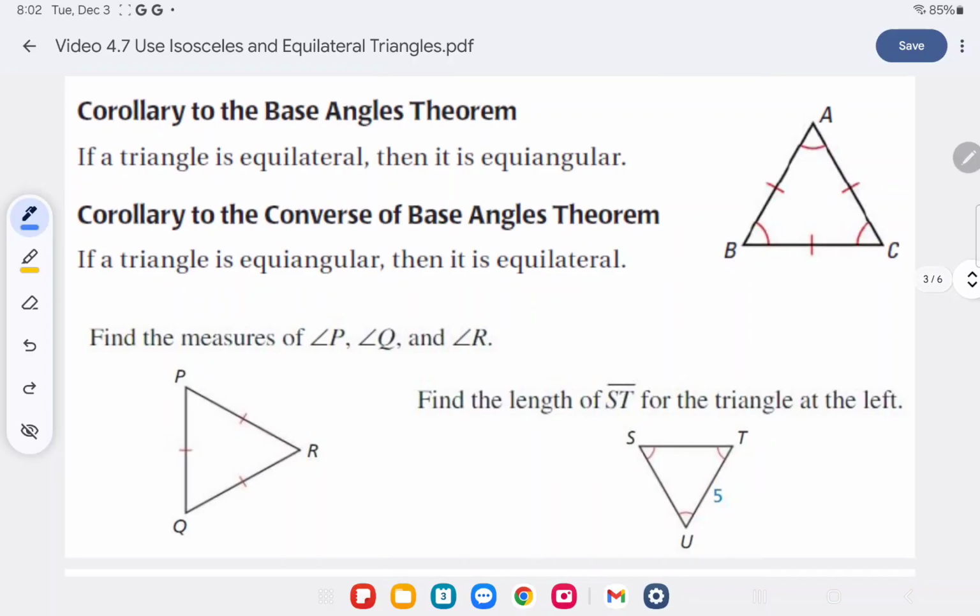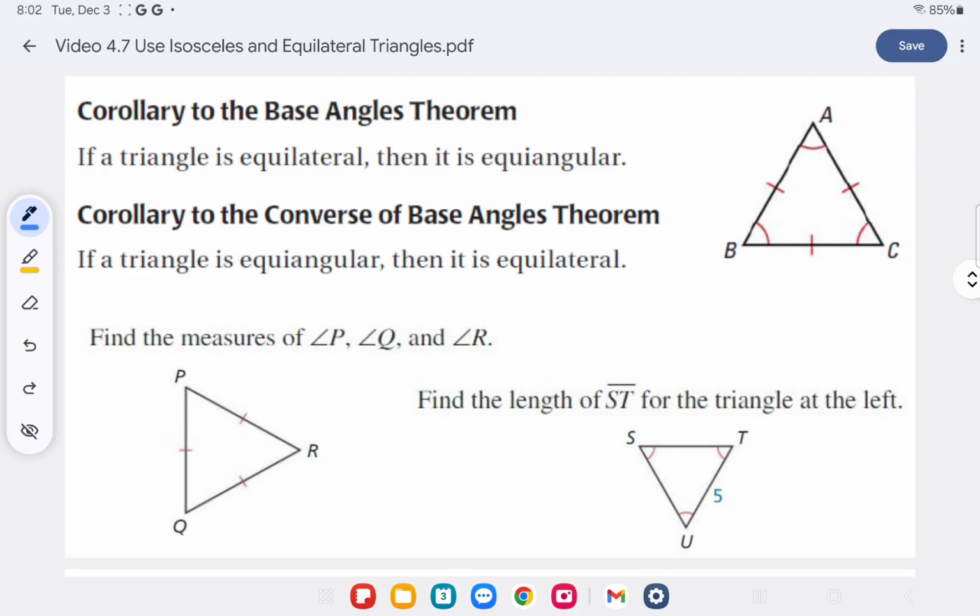So a corollary to the base angles theorem, corollary means it follows from the base angles theorem. So base angles theorem says if two sides are congruent, two angles in the triangle are congruent. So what follows from that is that if three sides of the triangle are congruent, then three angles in the triangle are congruent.